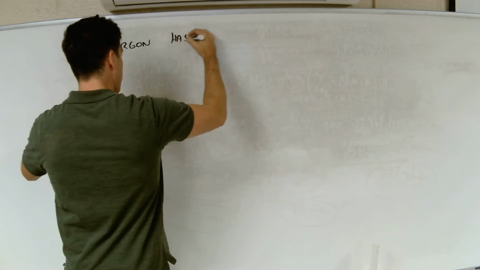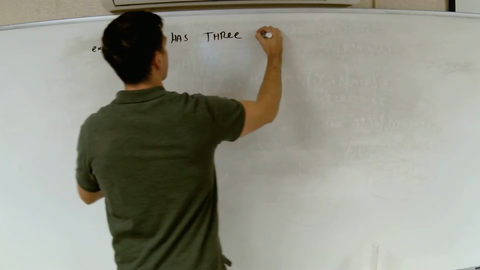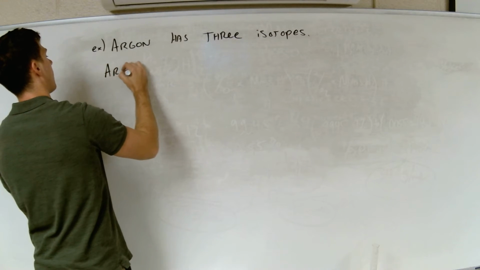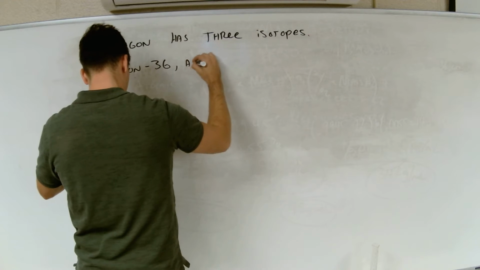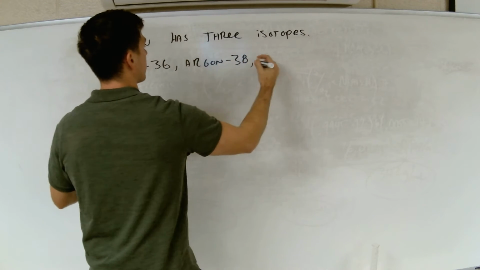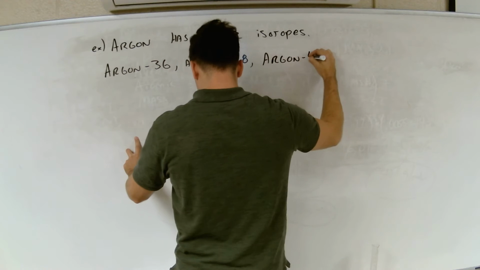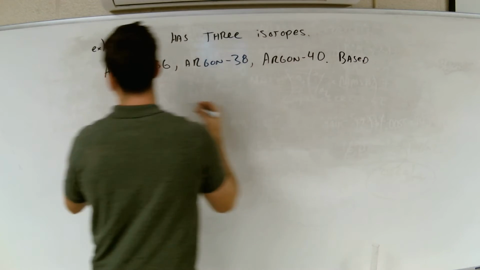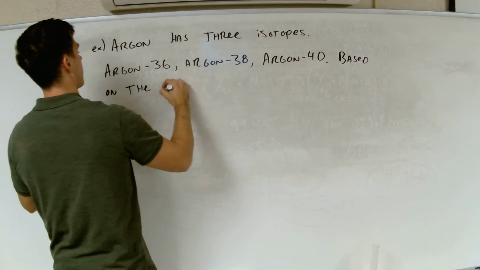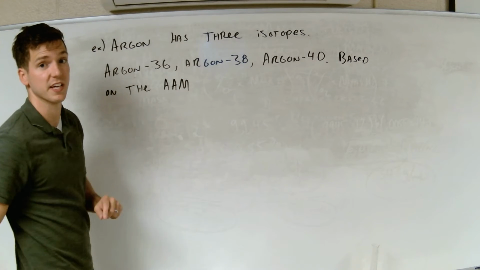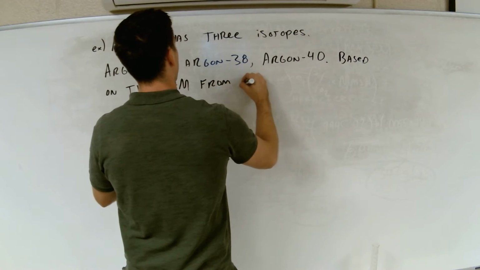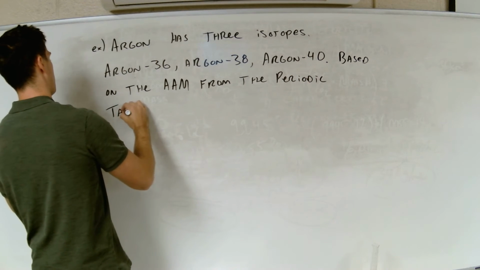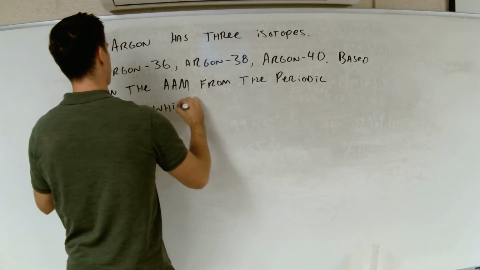Argon has 3 isotopes: argon 36, argon 38, argon 40. Based on the average atomic mass from the periodic table, which isotope do you think is most abundant?